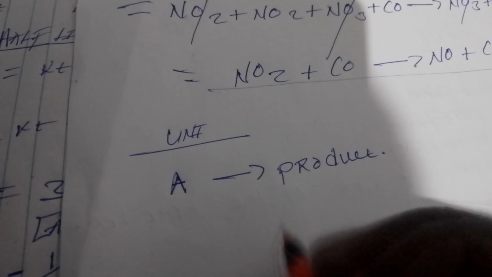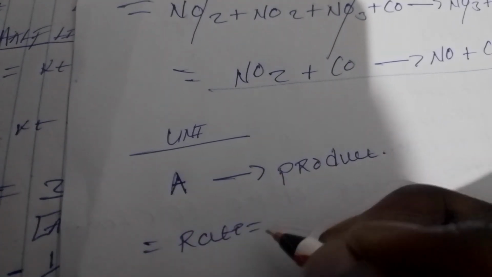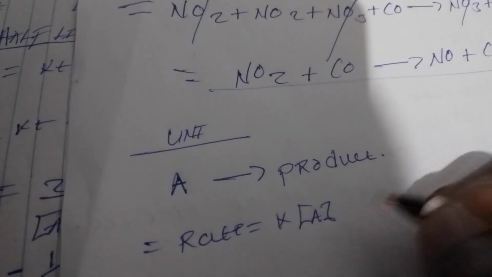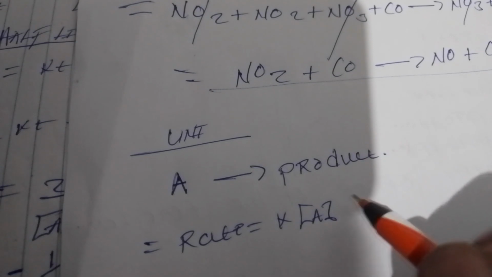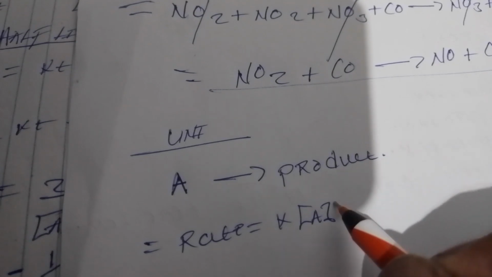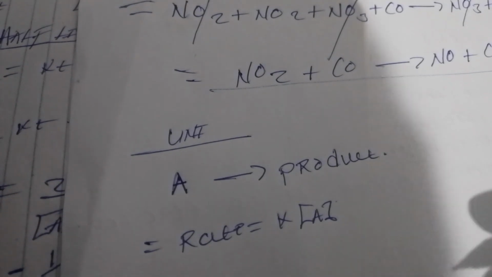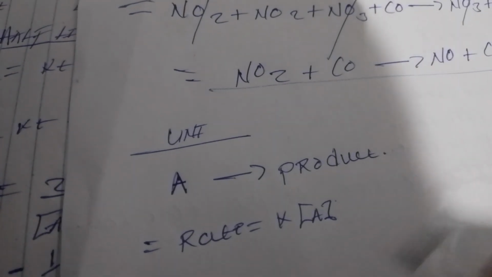Once we have such, the differential rate law has a rate constant and the concentration which depends on the reactant. In this case, what is the order of the reaction? It is only one because we have only a single reactant. So it remains first order like that.